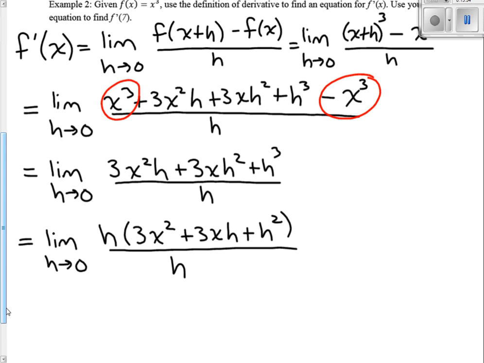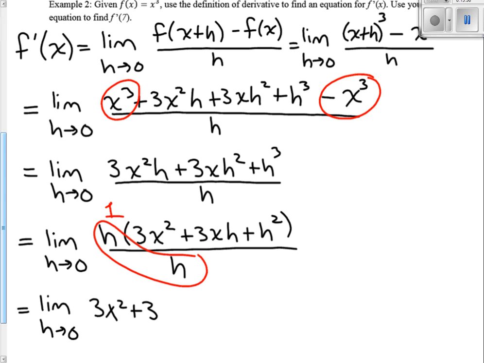That makes me happy because this right here is a silly version of the number 1, and I don't need to keep writing it down. So now I have the limit as h approaches 0 of 3x squared plus 3xh plus h squared. At this point, I can simply plug in h as 0. That gives me 3x squared plus 0 plus 0, and that just leaves me with 3x squared.